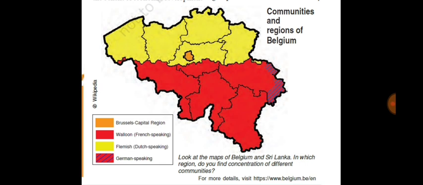Prominently, the main speakers in Belgium are Dutch speakers and French speakers. Only 1% speaks the German language.